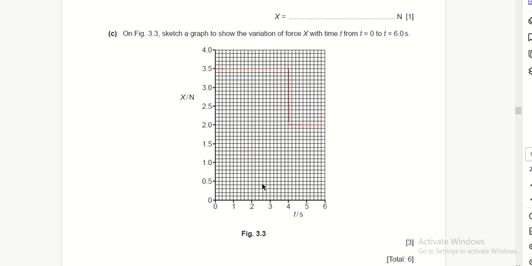So force X will equal the friction, such that there is no resultant force. And as the friction is 2 Newton, we have X here as 2 Newton.